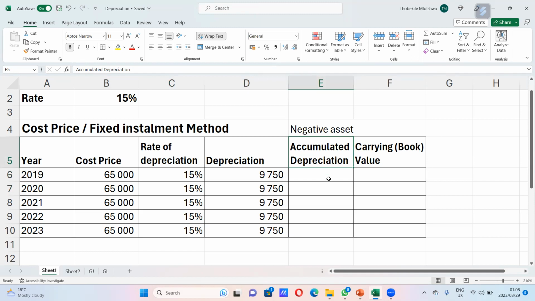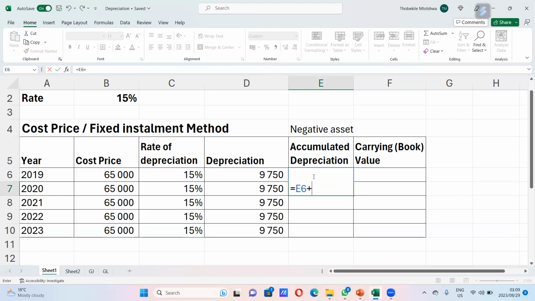So accumulated depreciation, accumulated means add up. So it's the depreciation of the years. Year one, we only had this depreciation, so it's going to be equal to this one. Year two, we've got this depreciation and this depreciation, so it's going to be both of them. So you're going to say equals accumulated plus the current depreciation.